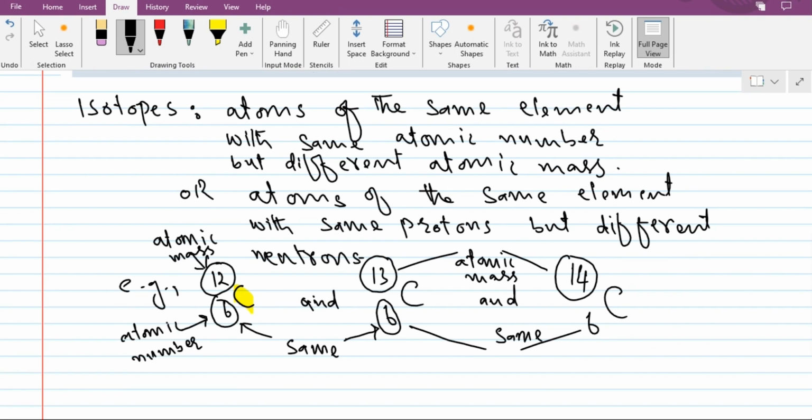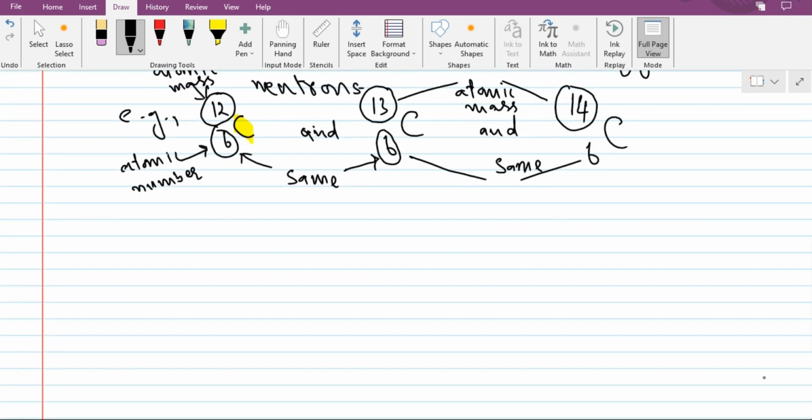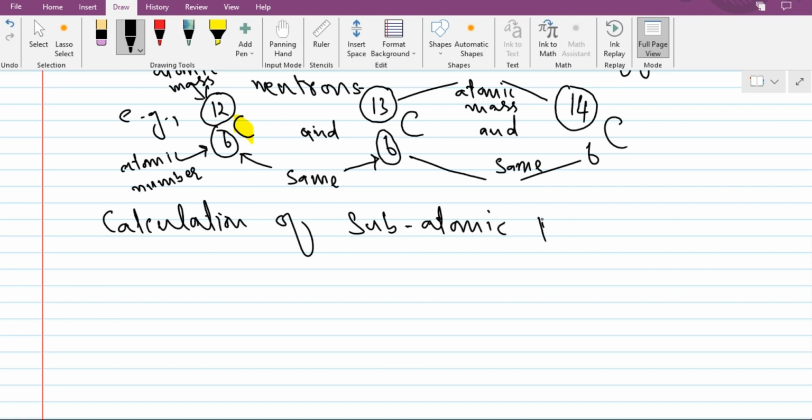Now let me explain how to calculate these subatomic particles, meaning the calculation of protons, neutrons and electrons.